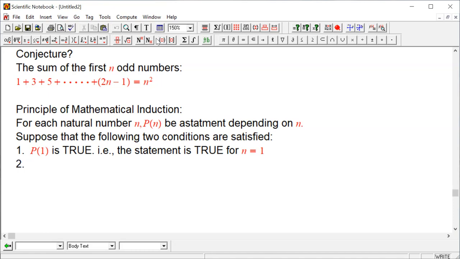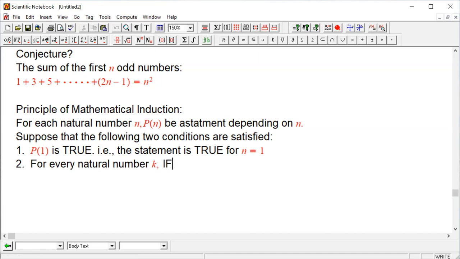Second, for every natural number k, provided P(k) is true.